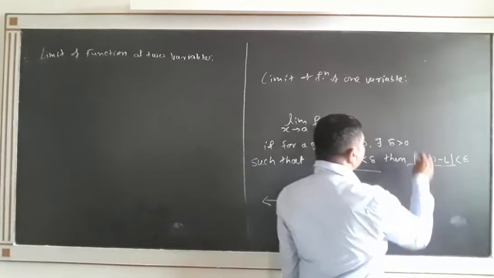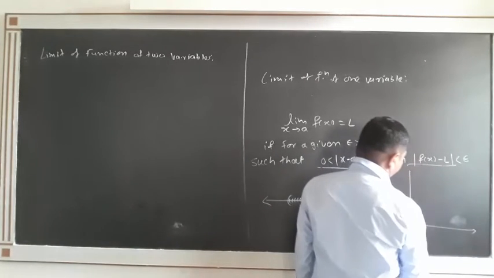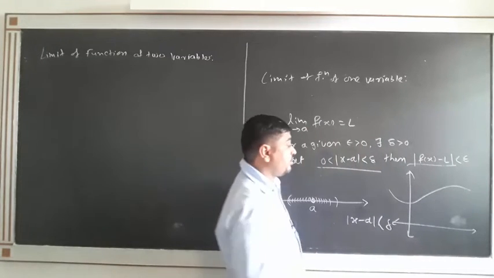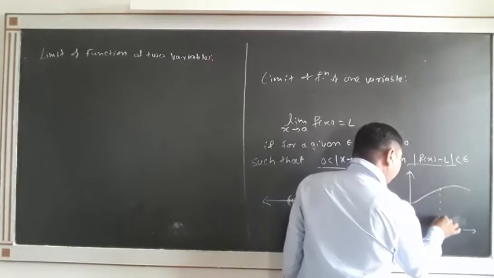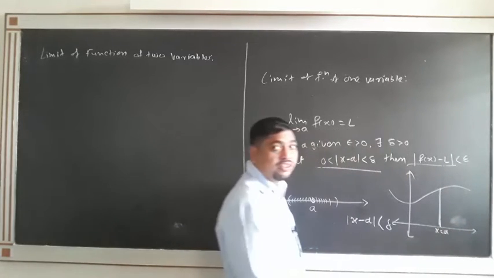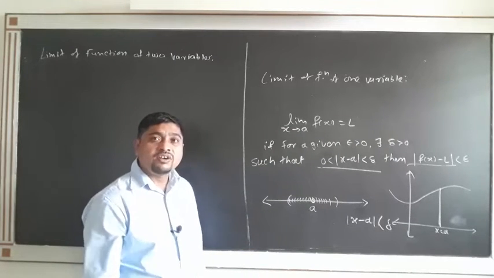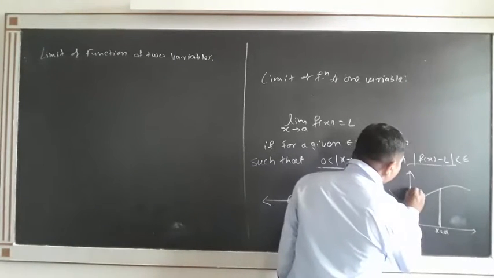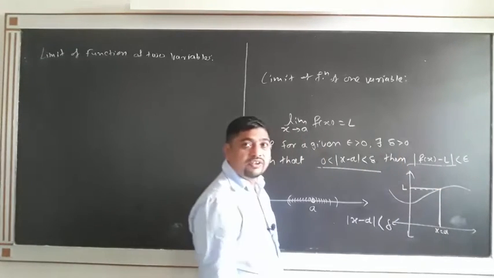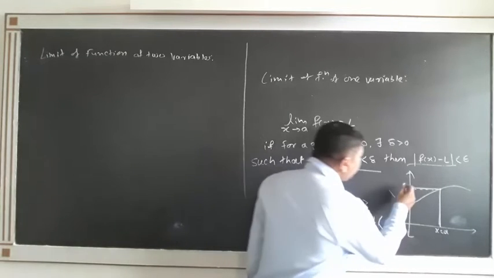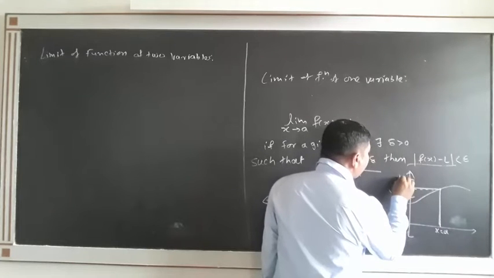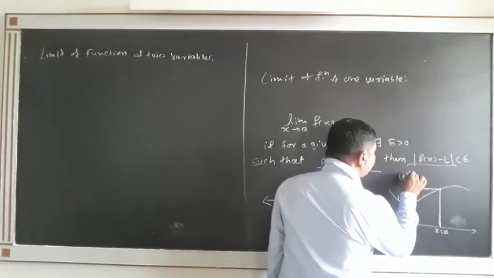If you see the diagram for this, suppose there is a curve like this, and suppose this is x equal to a. What does the definition tell us? Suppose this is our L. So take any epsilon. This is L minus epsilon, L plus epsilon.